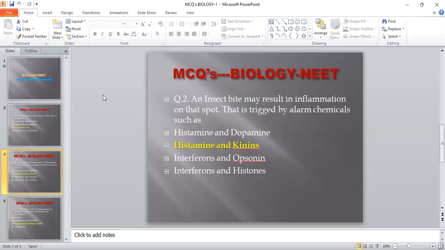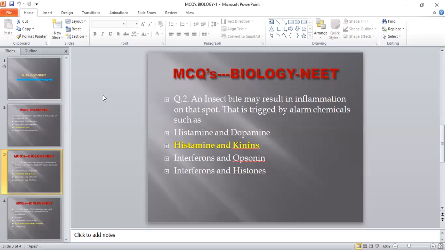Now, coming to option C, interferons and opsonin. The mode of action of interferons involves both direct cytotoxic and anti-proliferative effects on tumor cells and direct effects that facilitate immune detection by host. Opsonin receptors are crucial in the function of phagocytes, for example monocytes and neutrophils.